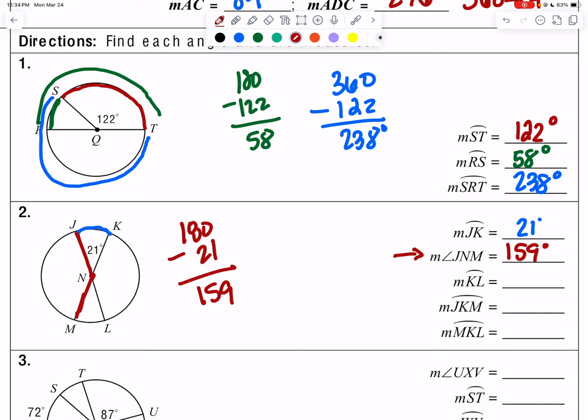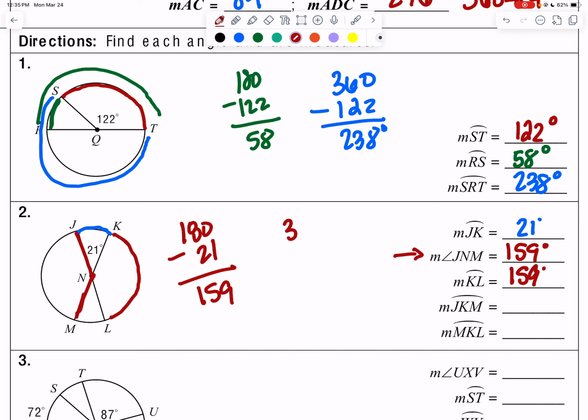Now to find the measurement of arc KL, since the measurement of angle JNM is 159, this tells me that angle KNL is also 159, which tells me that the arc measurement is also going to be 159. So this right here is going to be 159 degrees. For JKM, it's basically everything except JNM.